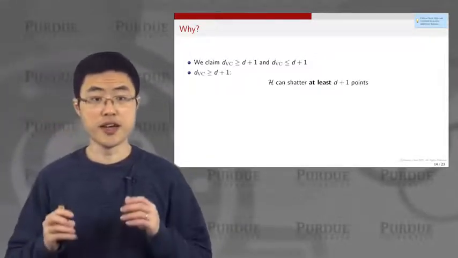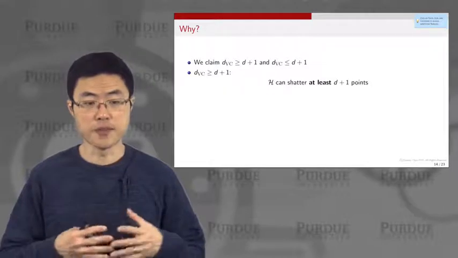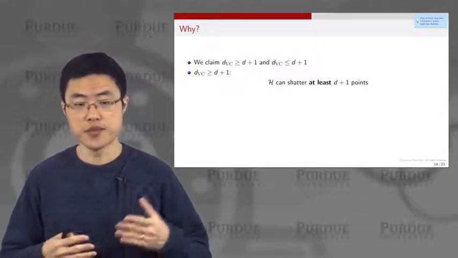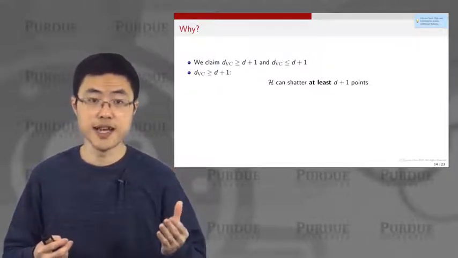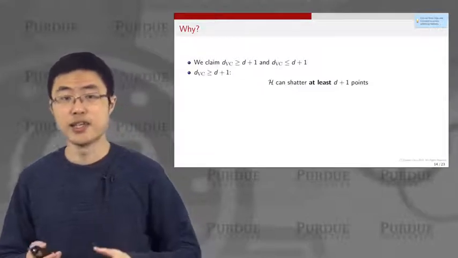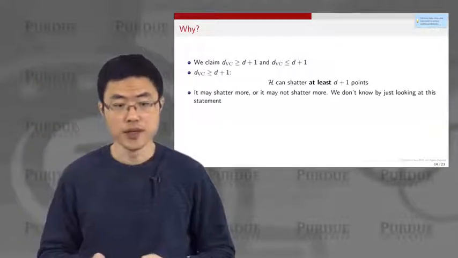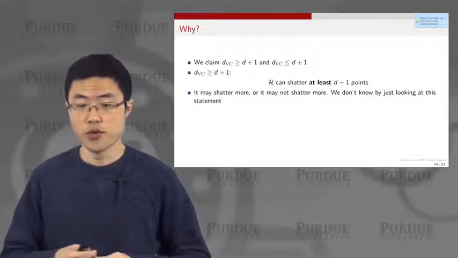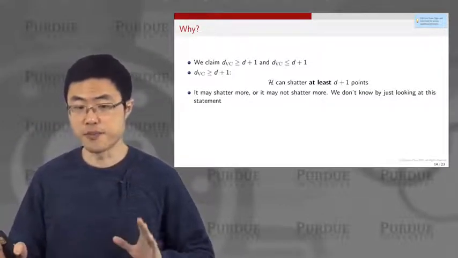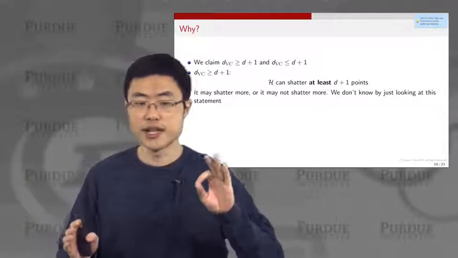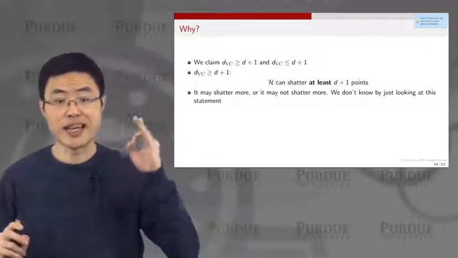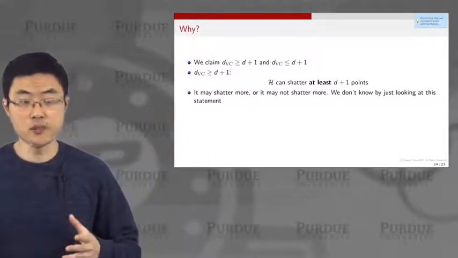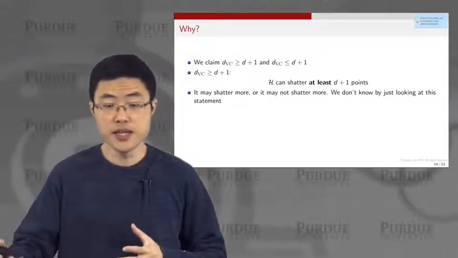So what is the meaning of the first inequality? VC dimension is at least d plus 1. That means we want the hypothesis set to shatter at least d plus 1 data points. Now, it may shatter more, or it may not. We don't know by just looking at this statement. It can shatter d plus 2 data points, or d plus 3 data points.